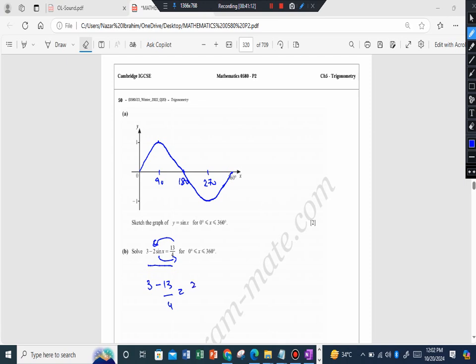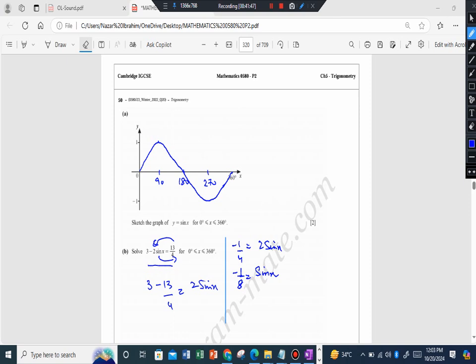Now 3 minus 13 upon 4 is giving me minus 1 upon 4, right? So minus 1 upon 4 is equal to 2 sine x. So 2 is multiplying with sine x, it will go in the denominator, it will be minus 1 upon 4 2s are 8. Clear, boys?